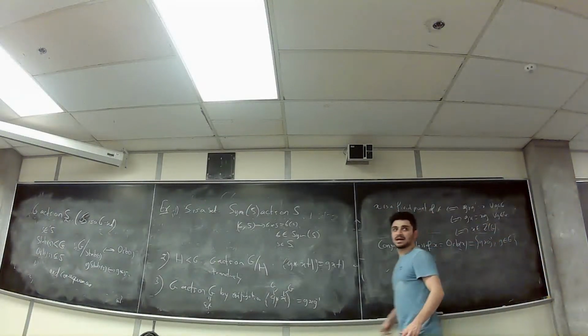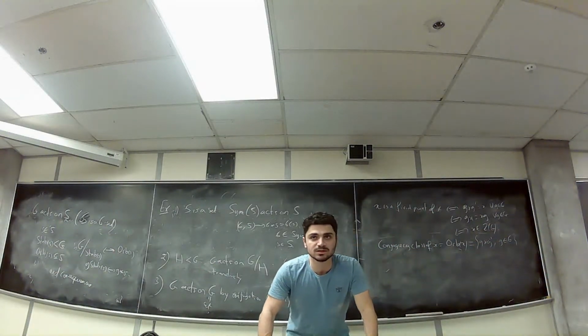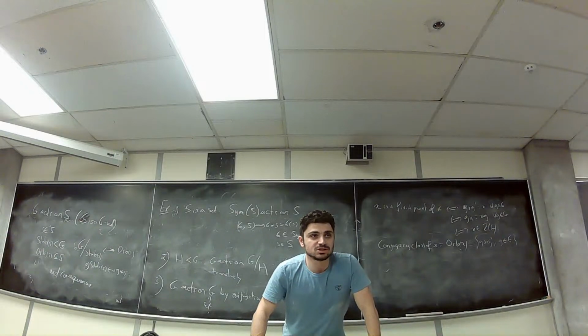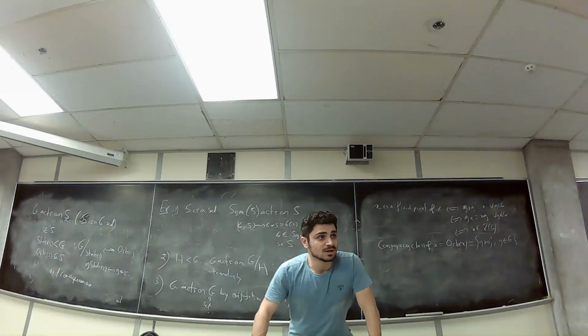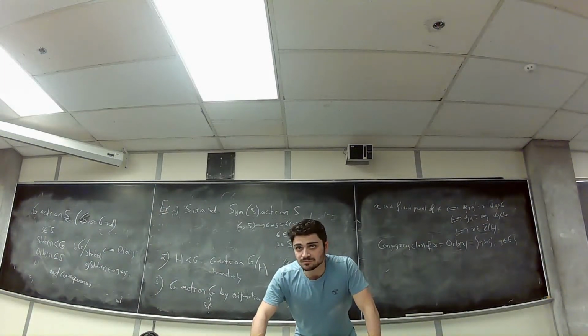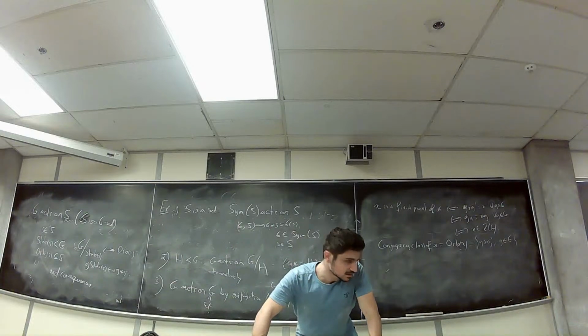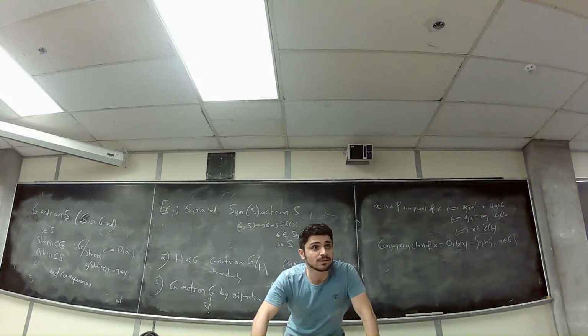So if x is in the center, what's gxg inverse for any g? x, right? So the conjugacy class of x is {x}. And conversely, if the conjugacy class of x is {x}, then x is in the center. Is that clear?